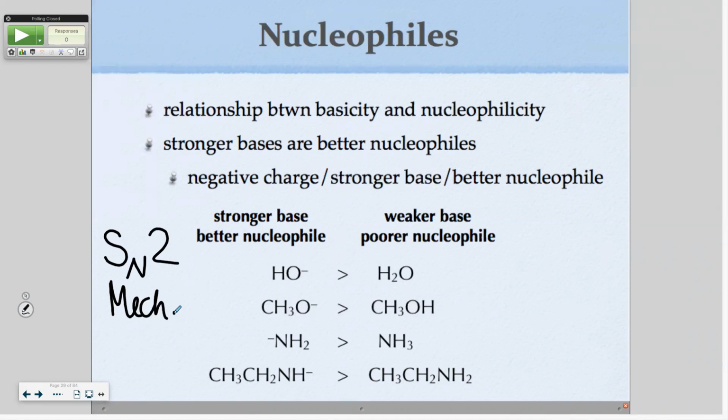You've got a negative, and then you've got CH3OH, good old methanol. The methanol can function as a nucleophile, but the methoxide ion is a better nucleophile because it is negatively charged. Does that make sense? Do you feel okay about that? Okay, down here we have NH2 minus, and then we have another N minus compound.